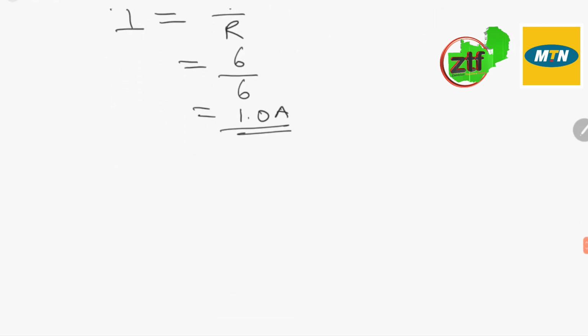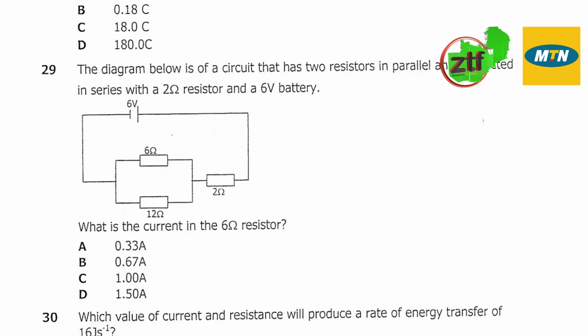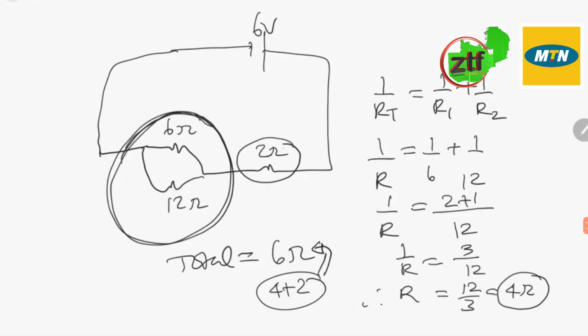But the question says, what is the current in the 6 ohm resistor? So we can first find out what is the voltage across the 2 ohm resistor, and that will tell us the voltage across the 6 ohm and the 12 ohm in parallel. Let me go back to this diagram. The voltage across these two is the same. It's only different from the voltage across these 2 ohms.